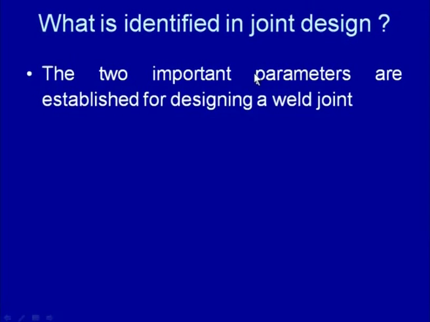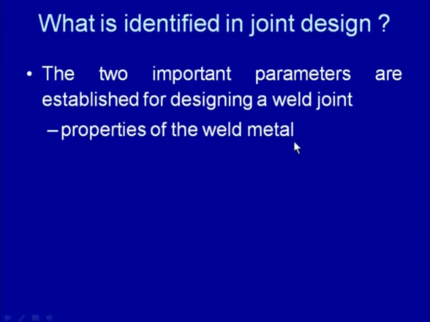So, the kind of metallic continuity means what the cross sectional area of the weld joint is, and what metallic properties it has, so that it can take up the desired service load. And therefore, two important parameters are established for designing a weld joint, so that it can perform the desired function during the service.